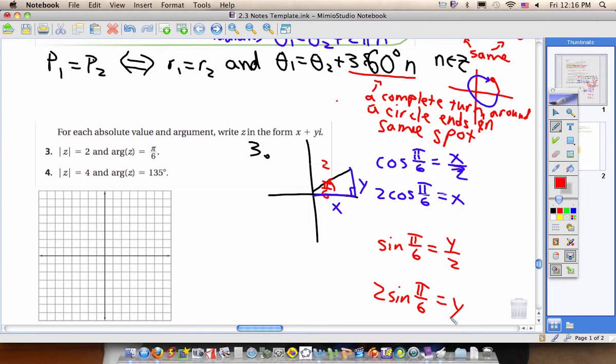Now, what did the 2 represent? The hypotenuse, right? Our magnitude. So the idea of this 2 was our magnitude. And the pi over 6, what was that? The angle, the arc.